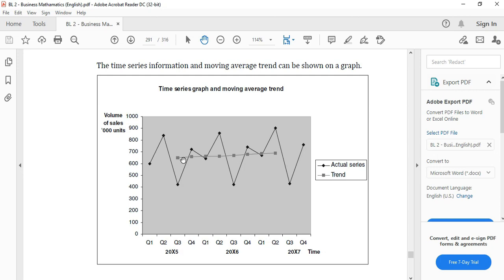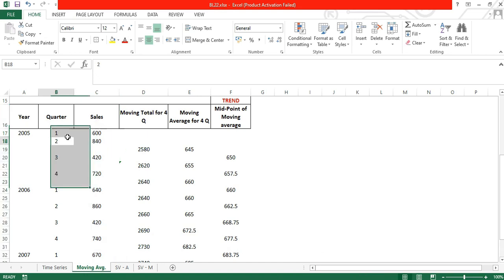So why is this? It's because moving averages don't consider seasonal variations. It removes the seasonal effect from each quarter by getting an average. So, because of that, we really can't see the seasonal effect as we get an average for all 4 periods.